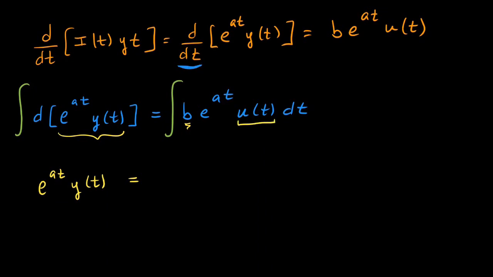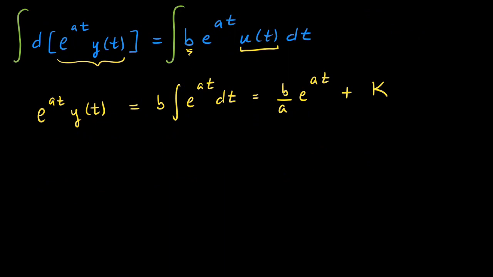U of t is just 0 when t is less than 0 and 1 otherwise, so for my integration purposes here, I can pretend it's not there. And so I'm really going to have b times the integral of e to the at dt. And that's going to give me b over a e to the at plus some constant k of integration.